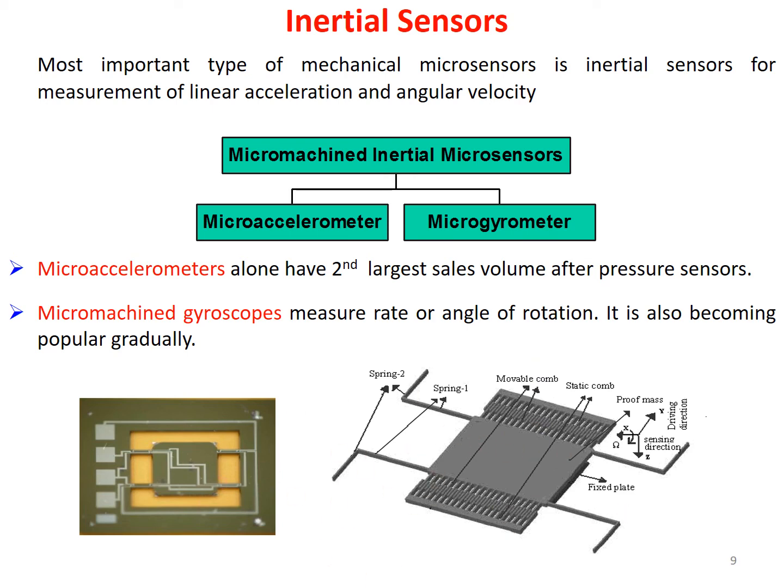Fine. And you remember these figures you have seen when we showed the testing slide in the last class. During testing we showed this type of slide where the accelerometer data has been shown, right? There we mentioned that this is the piezo-resistive accelerometer data, and when we have to test it, it means we have to see whether we can achieve our targeted specifications with our fabricated device, right?